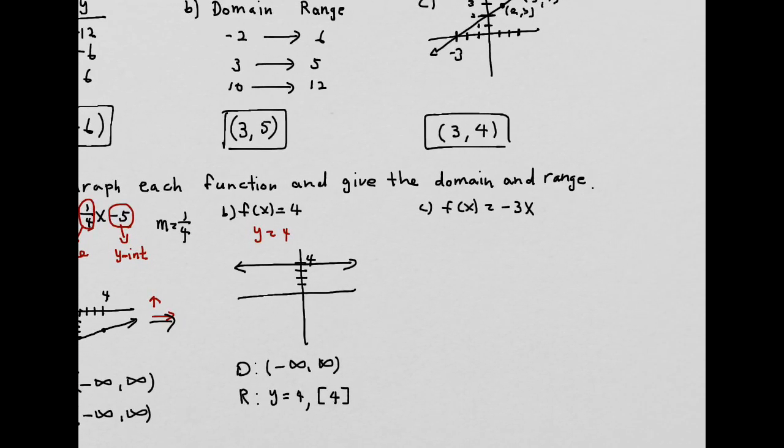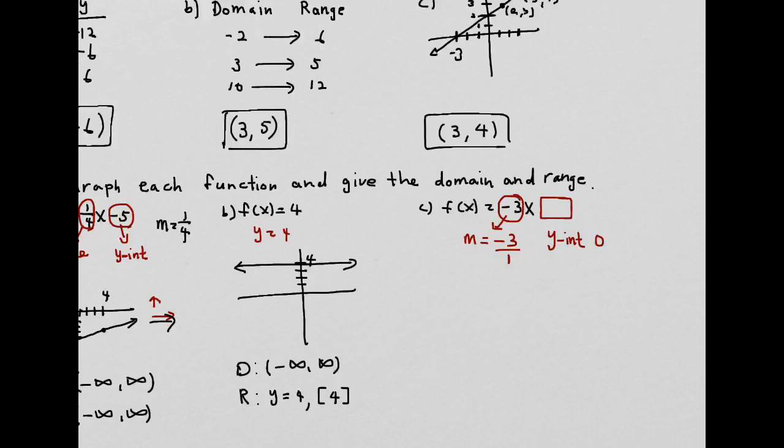What about the next one? Next one, we have f of x equals negative 3x. So this one, I can again tell my slope is going to be negative 3. And we can write the negative 3 in fraction form as negative 3 over 1, right? And your y-intercept is none, or 0. The y-intercept will be 0 because you do not have any number attached to it.